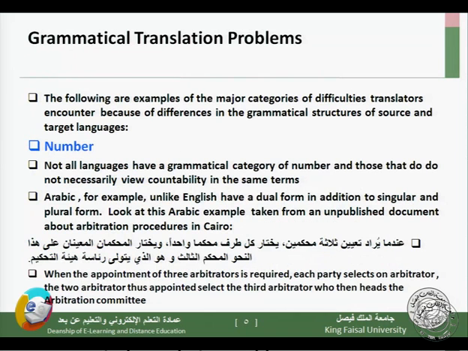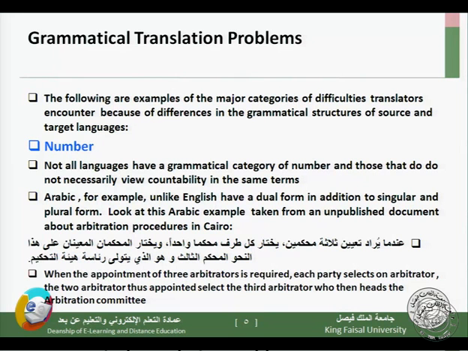But let's go through now. Now this is the problem. This is what matters to us as translators, all right? We need to see what kind of problems grammar could cause to a translator. Now, I have selected the major categories that would cause difficulties to translators.